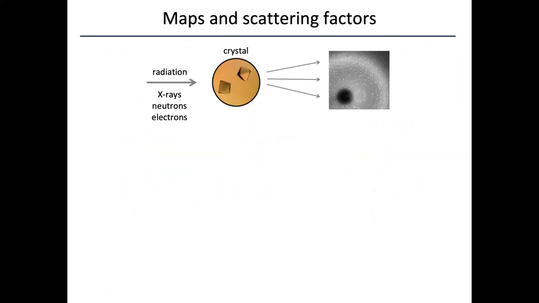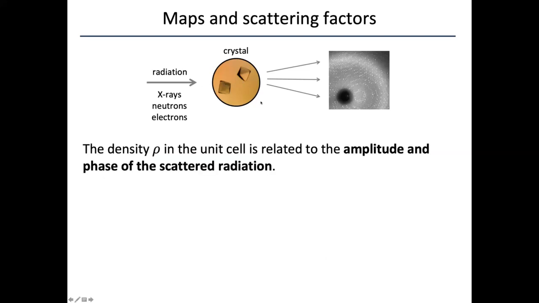So let's go back to our crystallographic experiment. We have radiation that we shoot on our crystalline sample. And now the density rho of the matter in the unit cell is related to the amplitude and phase of the scattered radiation. So this is the formula most of you should be familiar with.